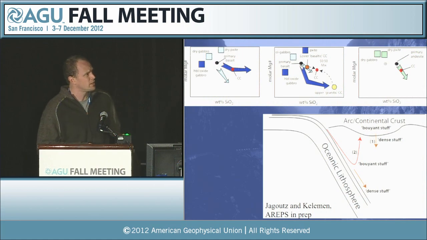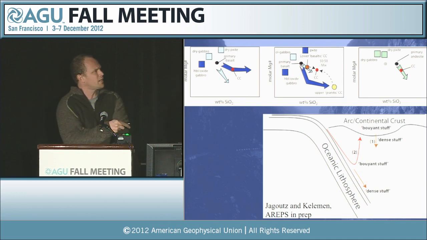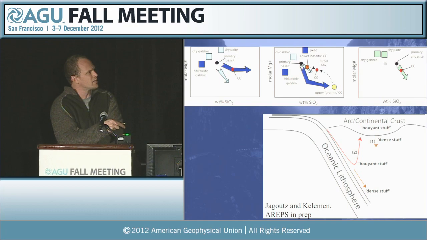When we talk about how continental crust is formed in arcs, we all somehow agree that we start from a primary basaltic magma or a primary andesitic magma that is in equilibrium with the mantle assemblage, which in this silica against magnesium diagram is at a lower silica and higher magnesium concentration than the bulk continental crust.